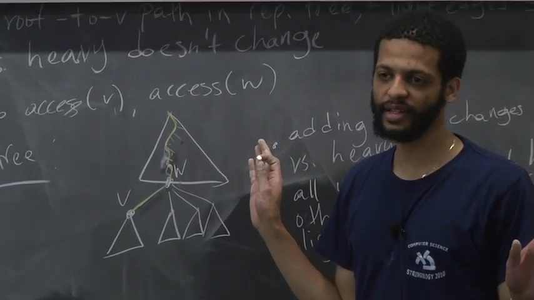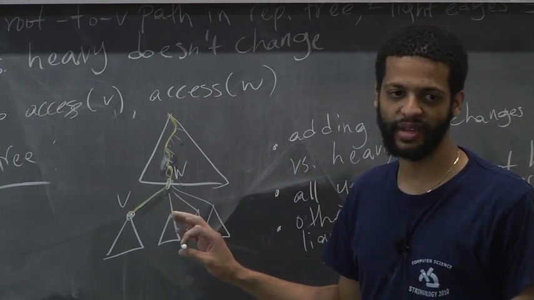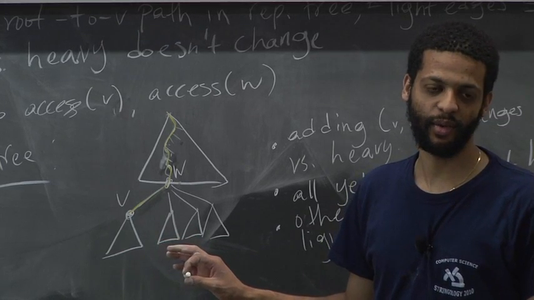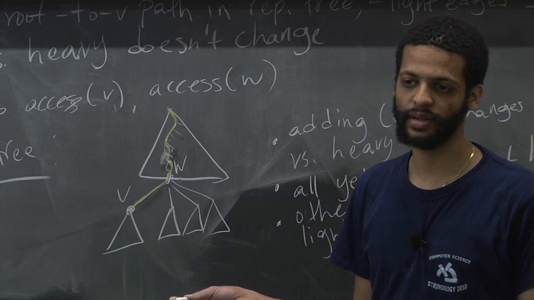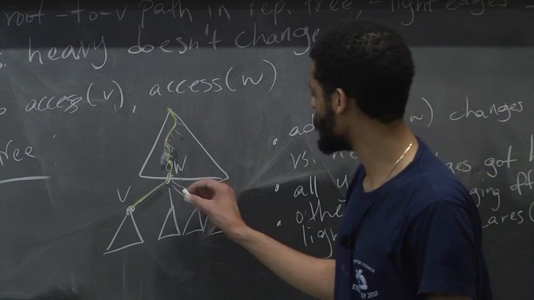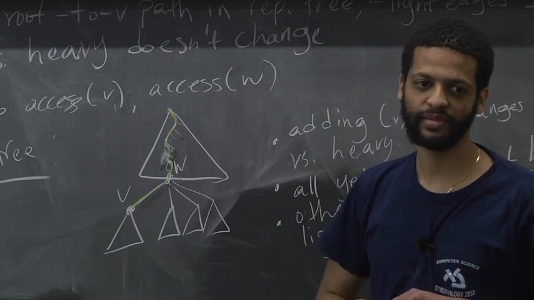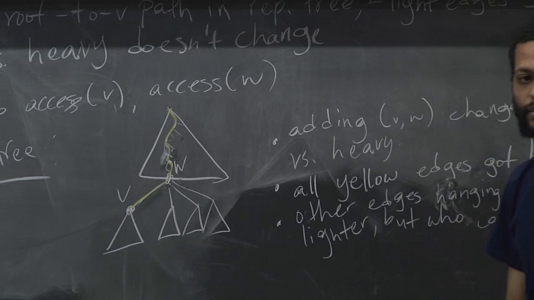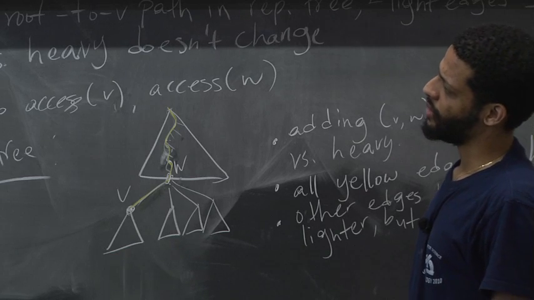Okay, and if it's still light now, it was definitely light before, when we did the access. So the access paid for it. Right. Does that answer your question? Well, and then V to W. Oh, so maybe there's one more, but that's an additive one. Good.